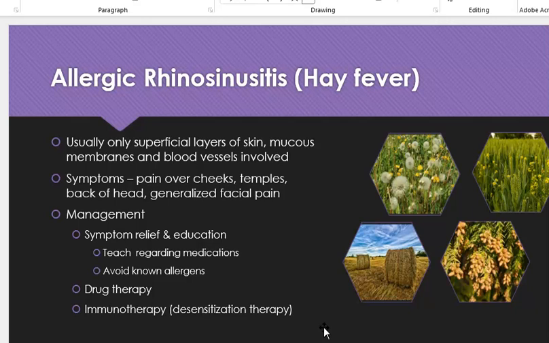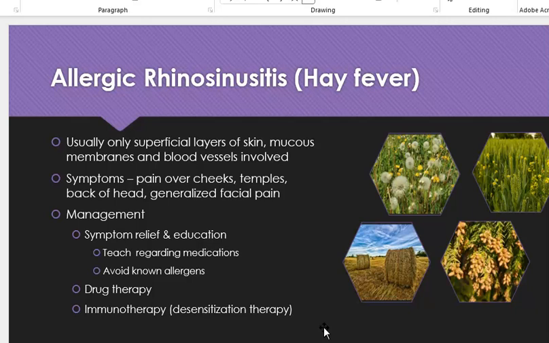Some are continuous with exposure to the allergen. Usually only the superficial layer of skin or mucous membrane in the blood vessels are affected. Some symptoms: pain over cheeks, radiating into teeth, tenderness to percussion, referred pain to temples, back of head, and general face pain that increases when you lean forward.